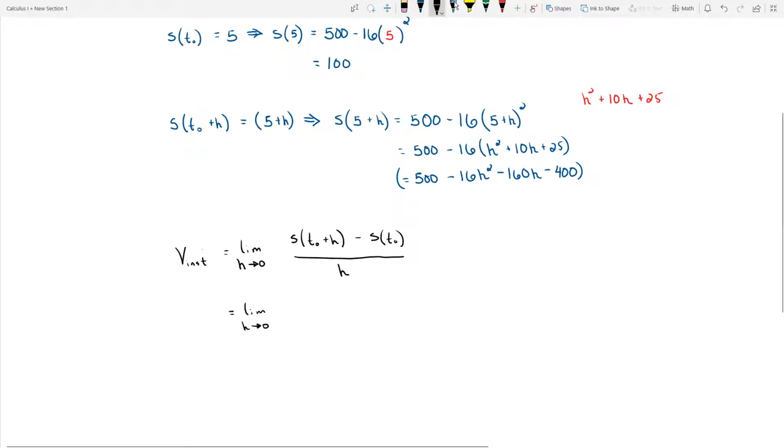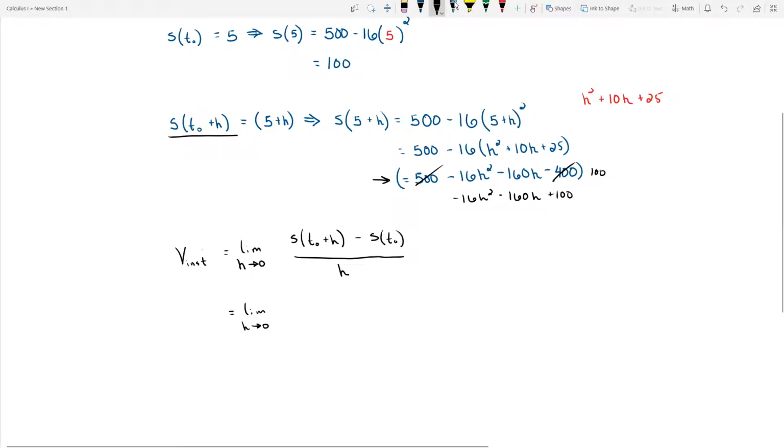So s at t sub 0 plus h, we figured out, and we can further reduce this, of course: we have 500 minus 400, and that gives us 100. So that's minus 16h squared minus 160h plus 100.